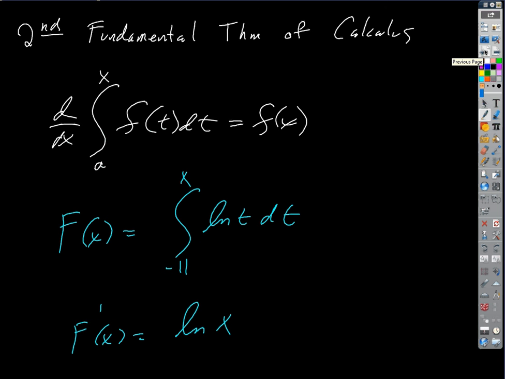We said that if we want to know the rate at which area is increasing, we need to know the value of the function at the upper limit, right? But we also need to know the rate at which the upper limit is changing. But what's the rate at which x is changing with respect to x? dx/dx is just 1, right?